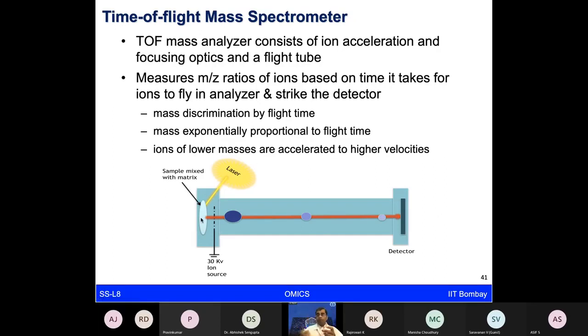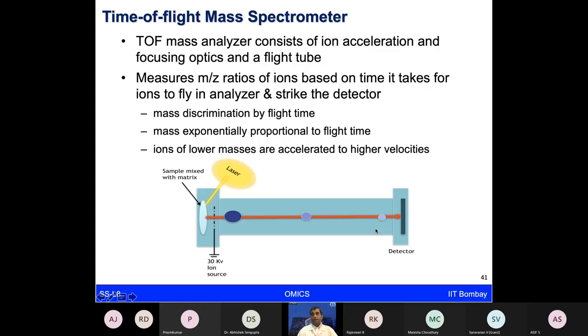You mix that protein with some matrix, an organic reagent which can make crystals, and these crystals you bombard with a laser beam. After bombardment, ions are formed from your protein or peptide, whatever you want to analyze, and move into the time of flight tube.